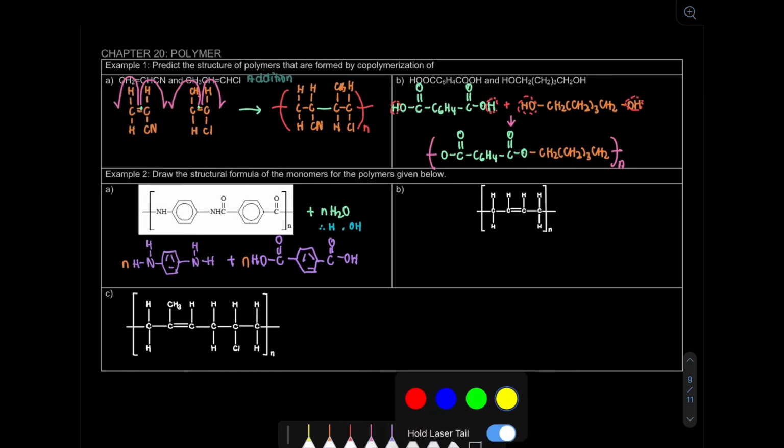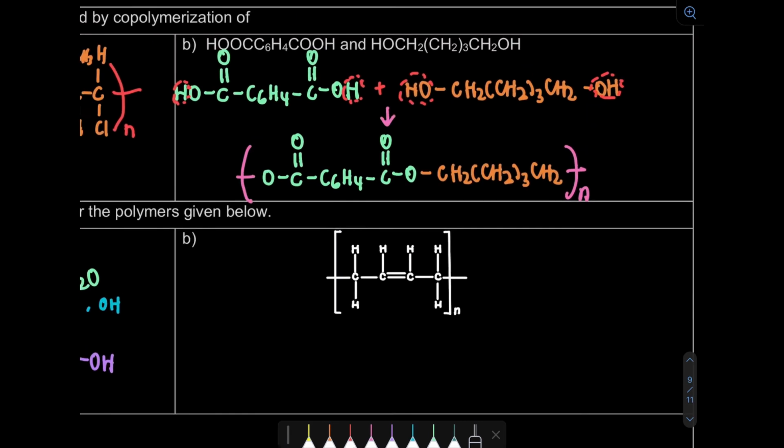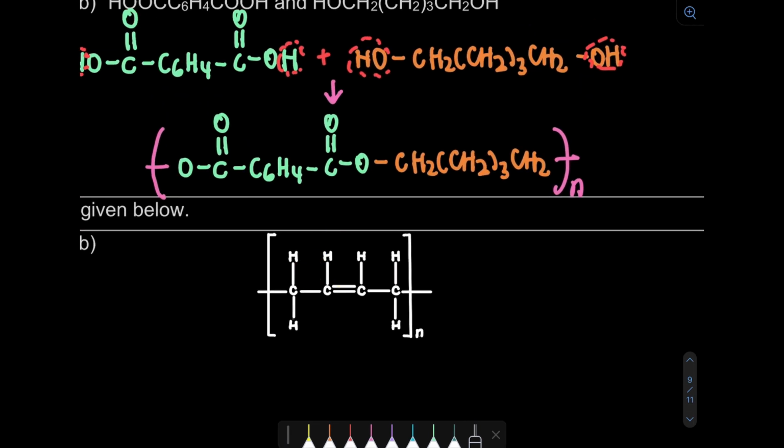So how do I know it? Because it's not from 2 different functional groups, and if there's a double bond, we can make our free radical. So how does it work? We make the free radical from our double bond.